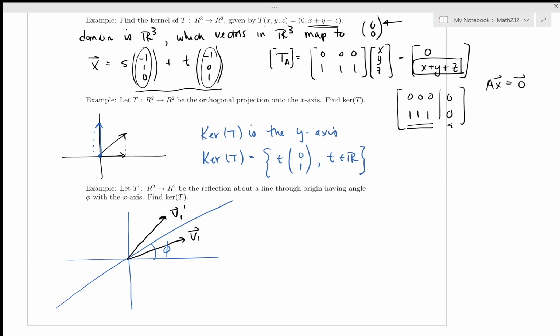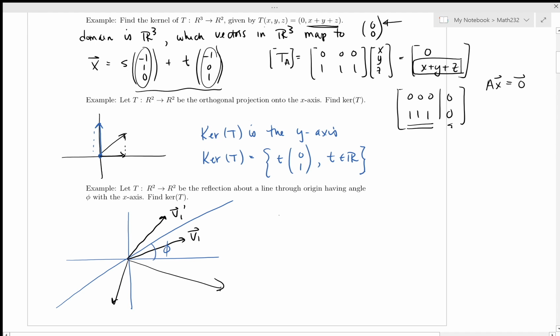Okay, so what is the kernel? So the only vector whose image under reflection is 0 is the 0 vector. When I'm just looking at this geometrically, if I pick any vector here and I imagine reflecting it about the line, there's no way that a reflection is going to cause it to suddenly disappear and become a point at the origin.